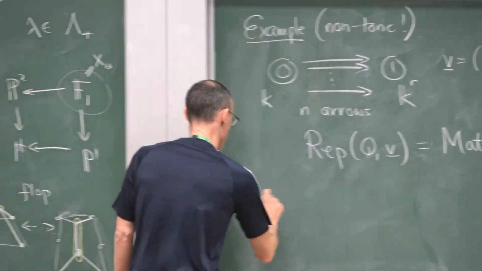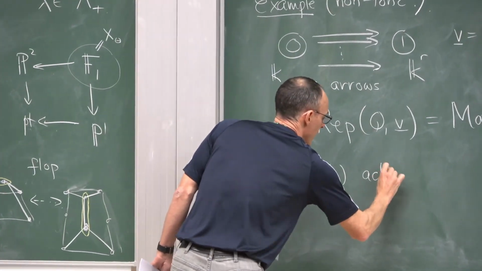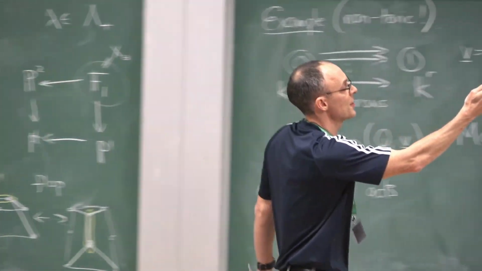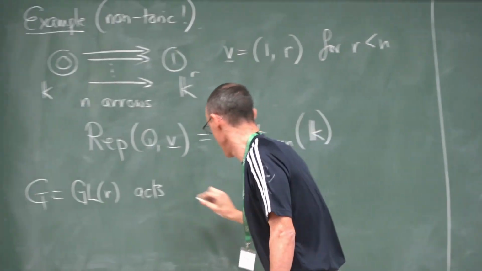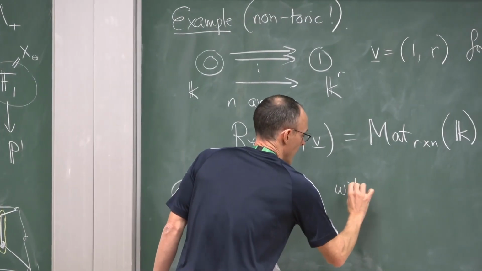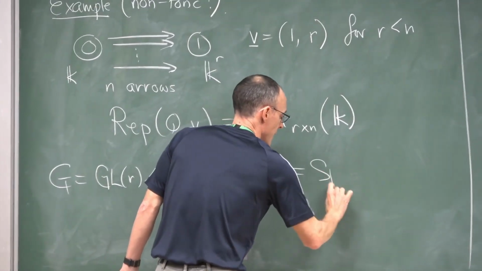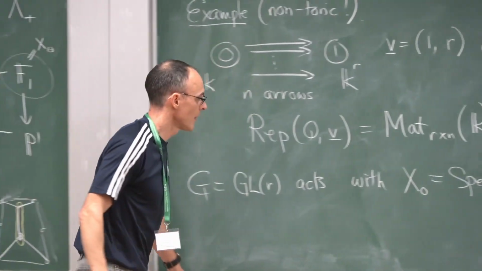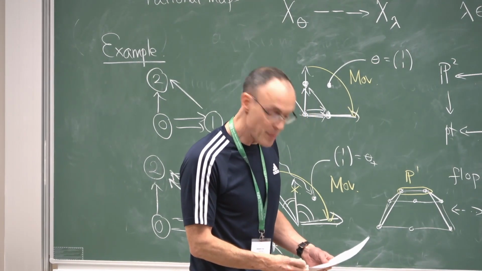So G equals GL_r acts. And in fact, it acts in such a way that the ring of invariants is just the field. It's not hard to see that Spec of the ring of invariants is just a point. So our affine GIT quotient is, I think we can agree, deeply uninteresting.